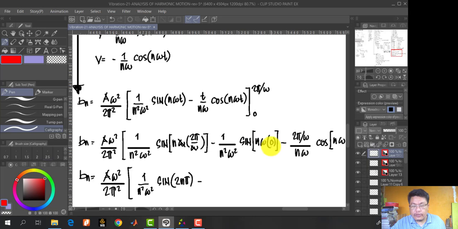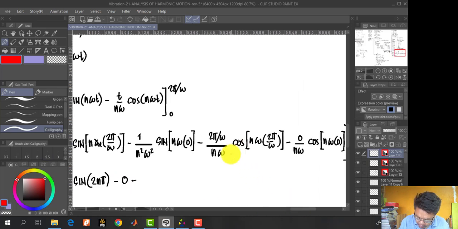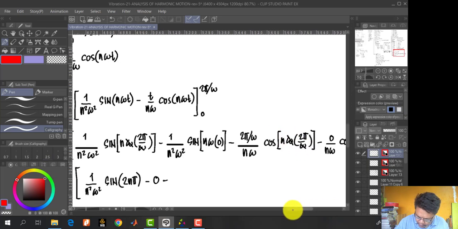So sine of 0 is equal to 0. So this is 0 now. Minus this one, we can keep this one. This will be cancelled, but this one will not be 0 out.